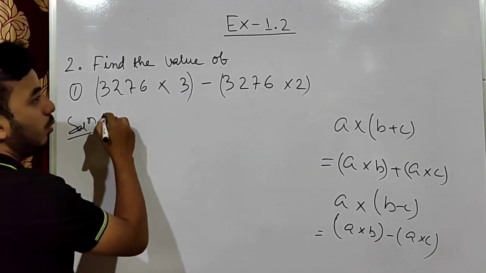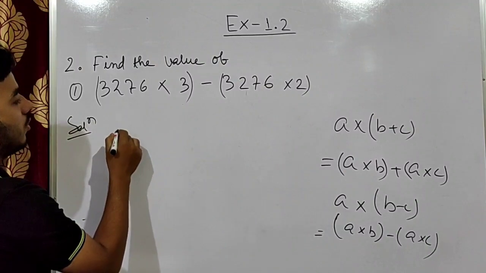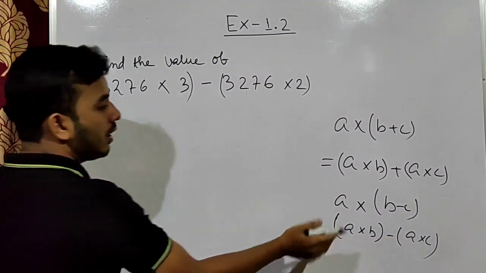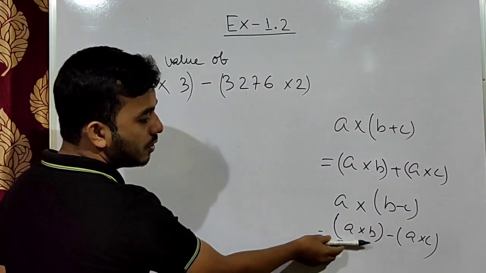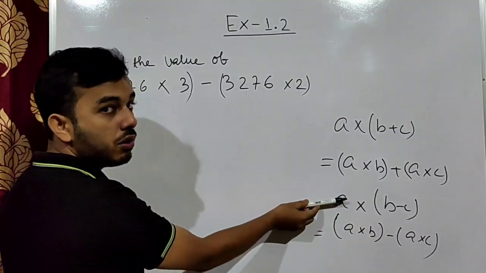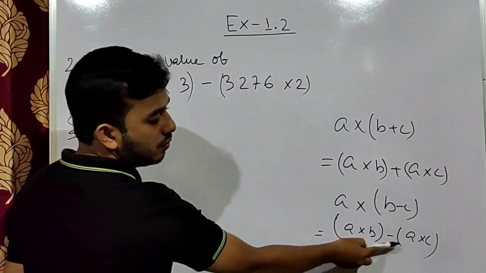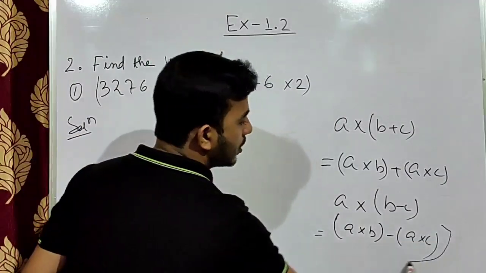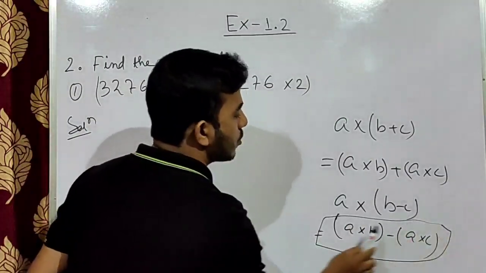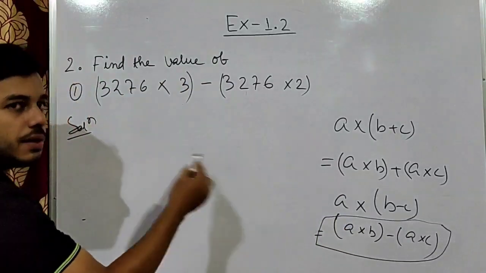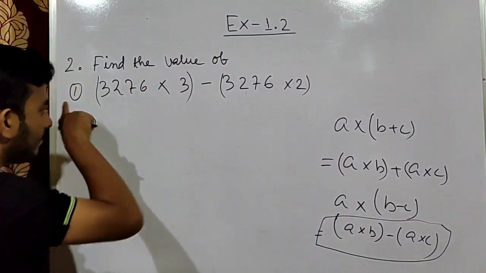So we will follow our distributive property, right? So distributive property, if we take the reverse, that is our expression is in this form. Now if we write this form, clear? Our question is in which form? This form, right? In this form, in our question.